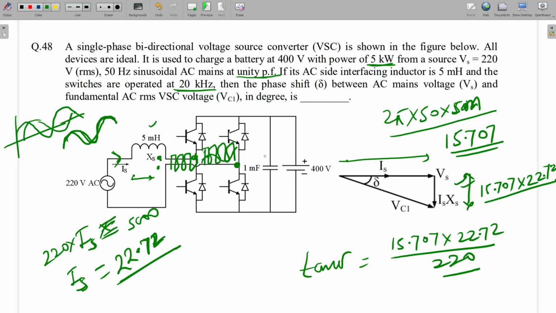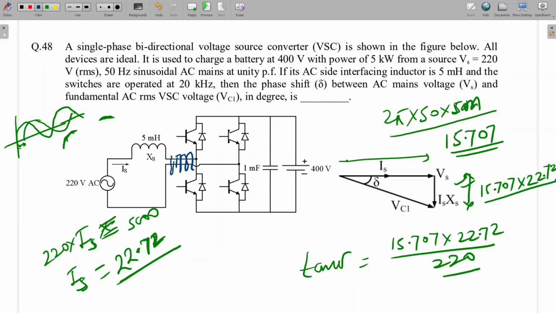So PWM is generated such that it will create a difference of delta between the sending end and receiving end, with lagging current. We have already studied this kind of concept in power flow equations. Okay.